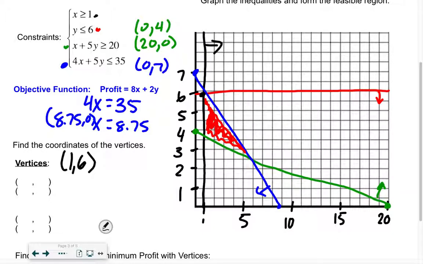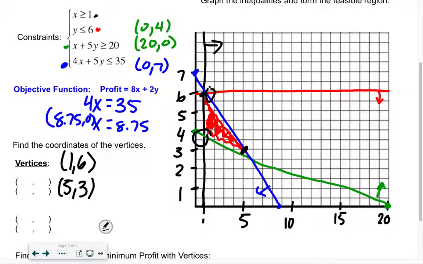Are there any other nice points? 5, 3. Yeah, I know it doesn't look like this on mine, but they should cross here. And that's about it for the nice ones, right? So we got to figure out this intersection point and where blue and red are.